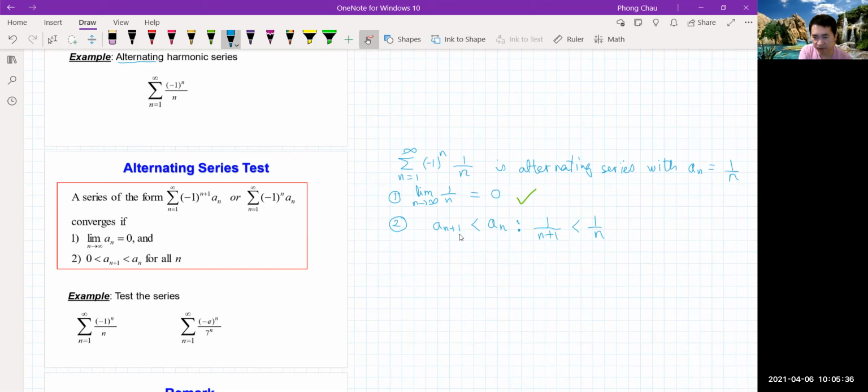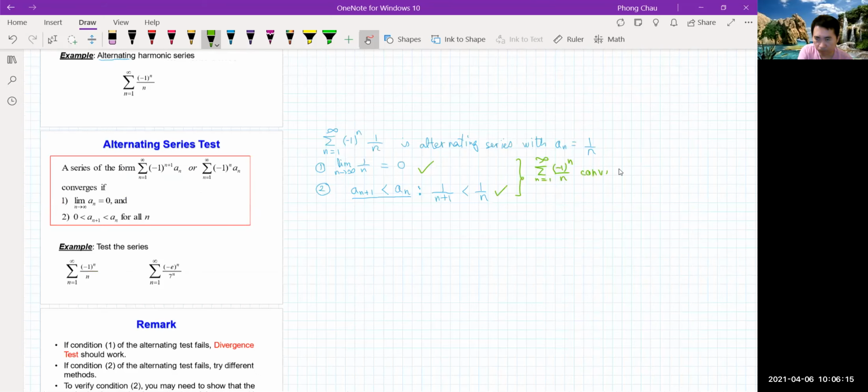In this case, is 1 over n plus 1 less than 1 over n? Yes, because the denominator here is bigger, so the fraction is going to be smaller. Check. With these two checks, by the alternating series test, we can conclude that the series we're testing, the sum of (-1) to the n over n, converges.